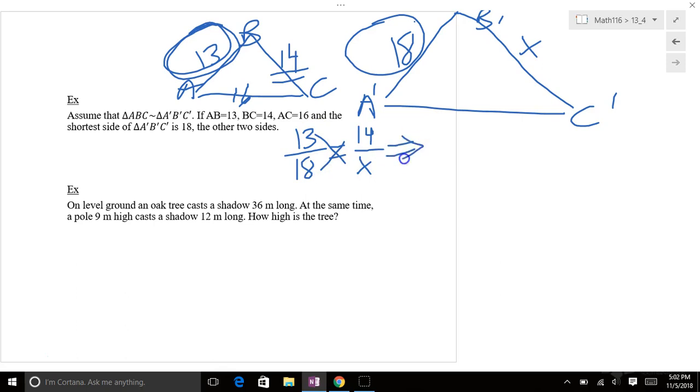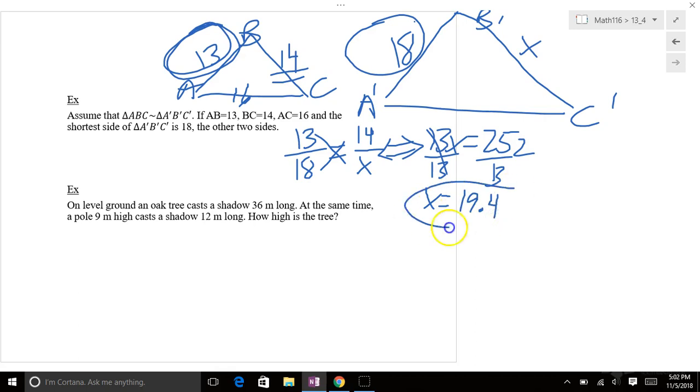So this becomes 13 times X is 13X, and then you've got 18 times 14, which ends up being 252. Divide both sides by 13, and you've got X is 19.385. I'm going to round that to 19.4.